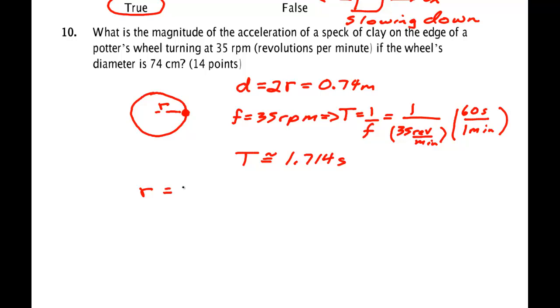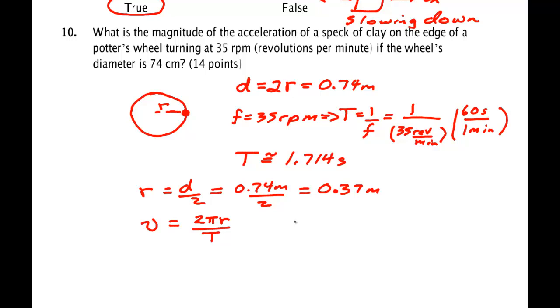The radius is the diameter divided by 2. So 0.74 meters over 2. And I find that to be 0.37 meters. Velocity is equal to 2 pi r over t. And I know that the acceleration, centripetal, is equal to v squared over r.